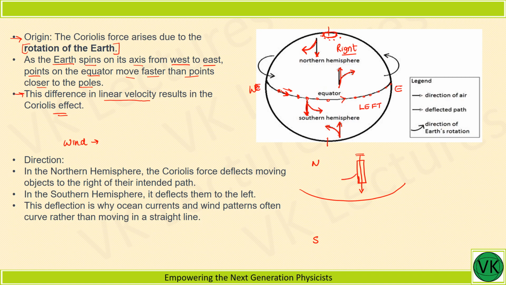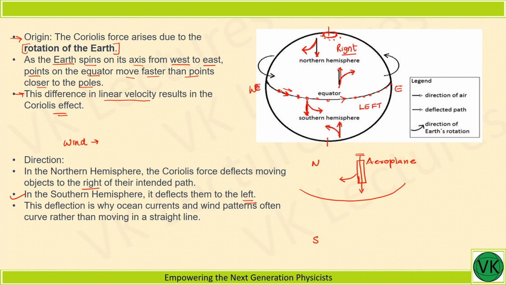Its right is towards this direction. So the pilot has to adjust the motion of the aeroplane in such a way that it corrects the direction. And similarly in the southern hemisphere it deflects towards the left, this is towards the right.